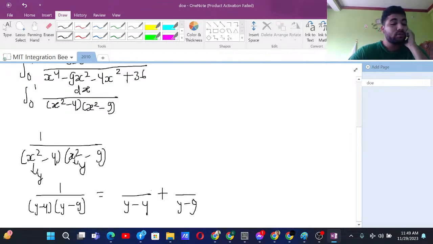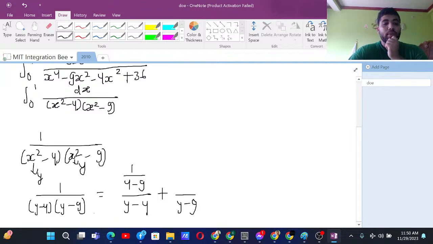The cover-up rule says that if you want to find this term, first of all, we have to find what makes y minus 4 zero. If y equals 4, we will have y minus 4 as 0. So just cover the y minus 4 and substitute y equals 4 in the remaining expression. The remaining expression is 1 by y minus 9, so 1 by 4 minus 9 is what we will do. Now for this one, 9 makes it 0.